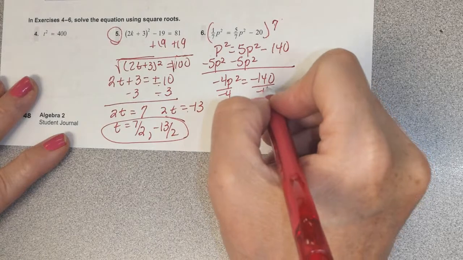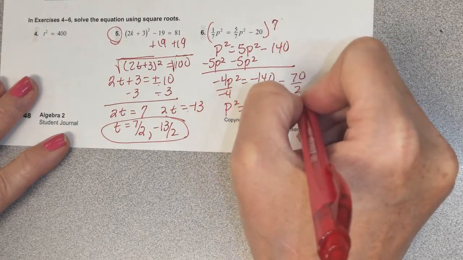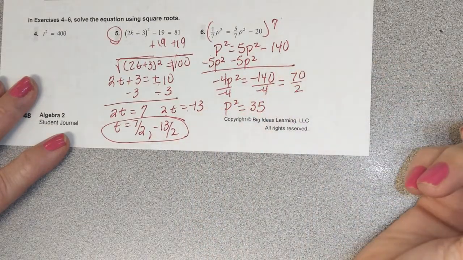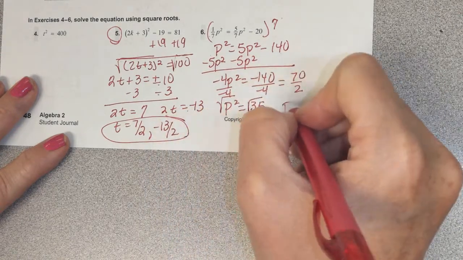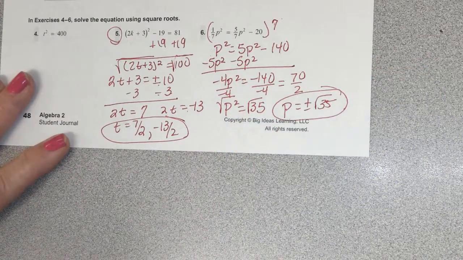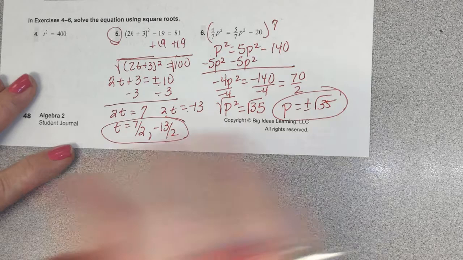I'm going to go ahead and divide them just both by 2. And I'm going to get 70 over 2. 70 divided by 2 is easy. It's 35. And so now I'm going to take the square root, and I have plus or minus radical 35. All right, let's go over to the next page.